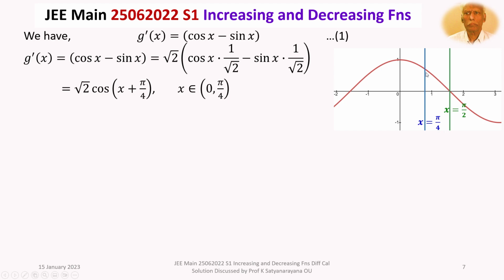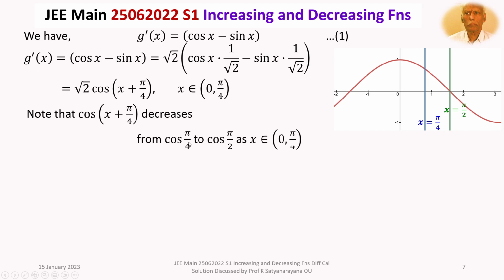For x belongs to 0 to pi by 4, cos of x plus pi by 4 will decrease from cos pi by 4 to cos pi by 2. So note that cos of x plus pi by 4 decreases from cos pi by 4 to cos pi by 2 as x varies in the open interval 0 to pi by 4. It is a decreasing one.